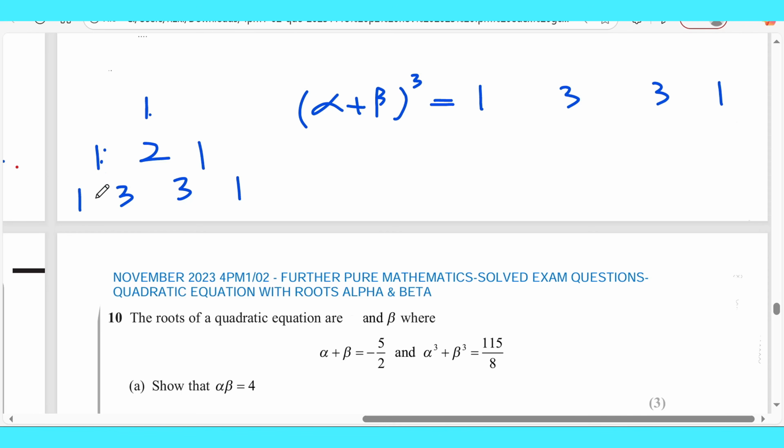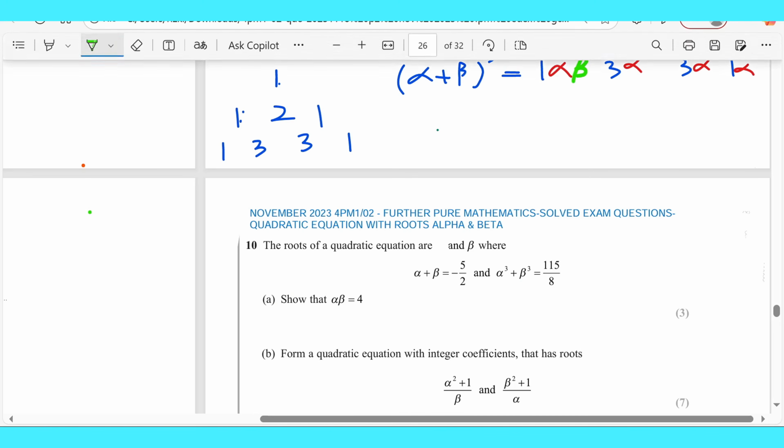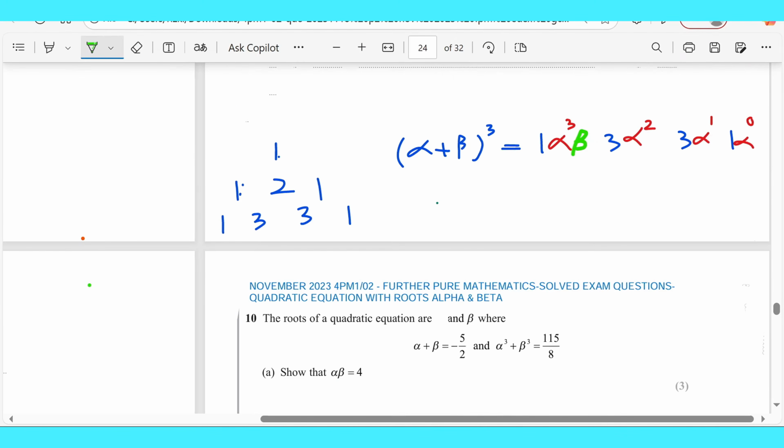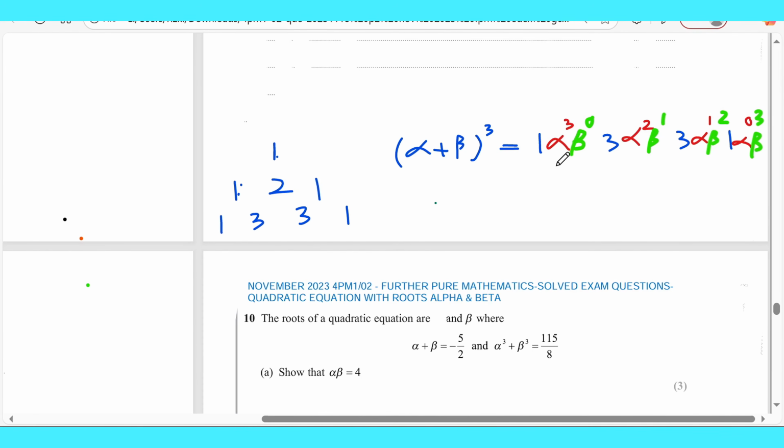We use Pascal's triangle to get the coefficients 1, 3, 3, 1, and we start from alpha cube with decreasing index of alpha. Then for beta we do increasing: beta 0, beta 1, beta 2 and beta 3, and then we add the addition signs.